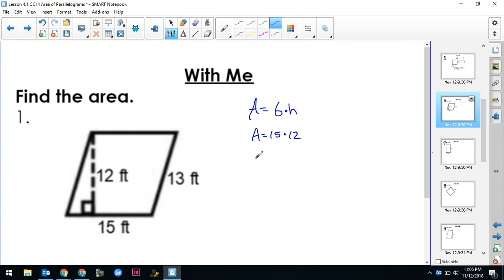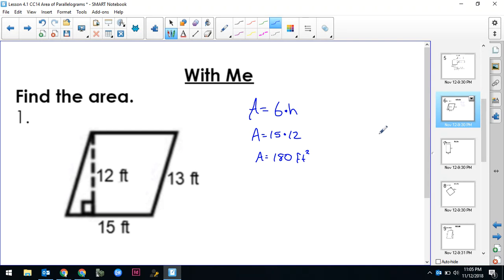Okay, take a second and figure out the area, 15 times 12. Okay, I got 180, and we need to put a label on that. So we're going to put feet, and we're going to put a little 2 there showing it is feet squared.